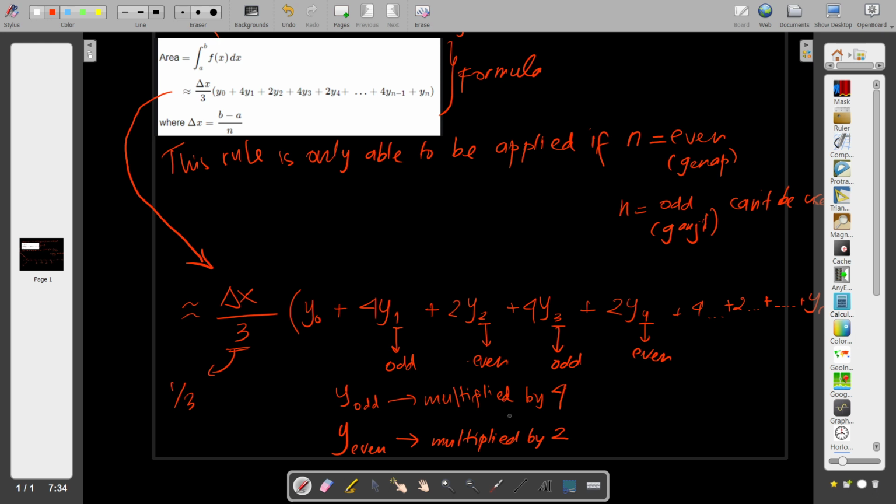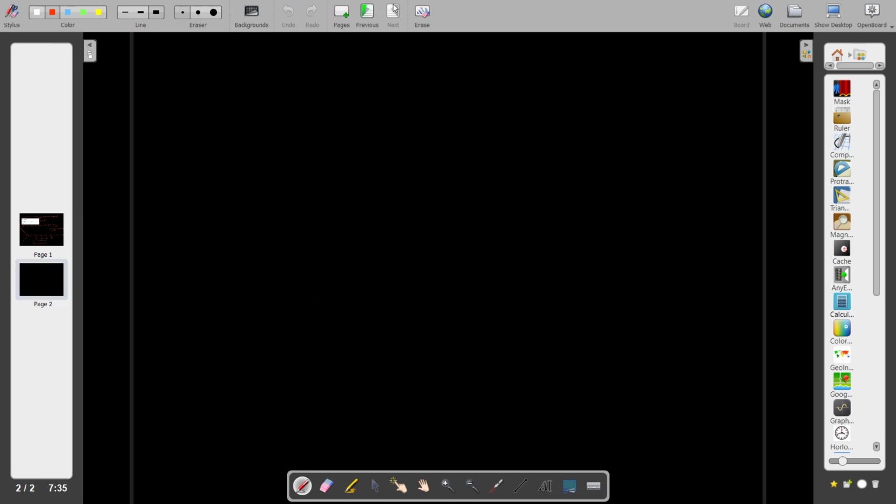To understand more about this rule, we just go to the example. The example is like this: we are going to find the value of this integral using Simpson's third rule.